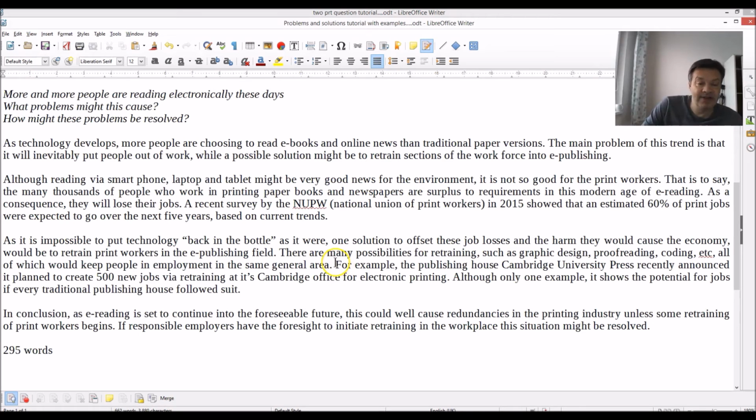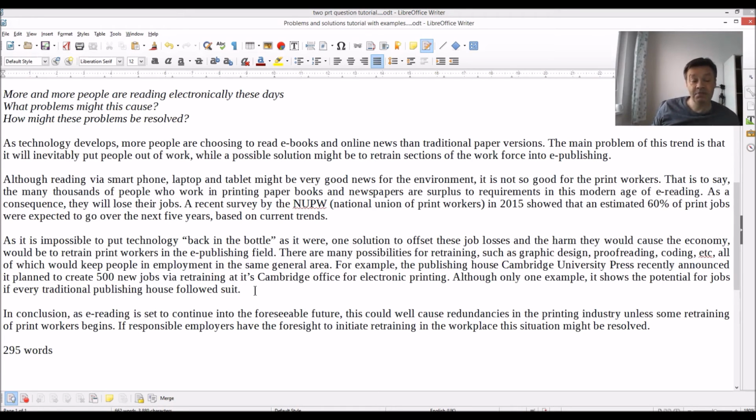Okay. For example, the publishing house Cambridge University Press recently announced it planned to create 500 new jobs via retraining in its Cambridge office for electronic printing. Sounds plausible, I suppose. I mean, it's not true, but that doesn't matter. Although only one example, it shows the potential for jobs if every traditional publishing house followed suit.